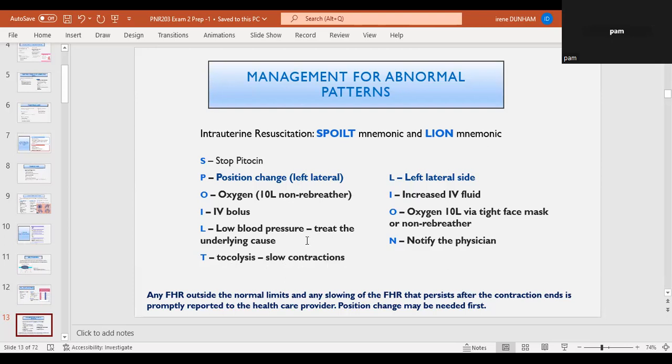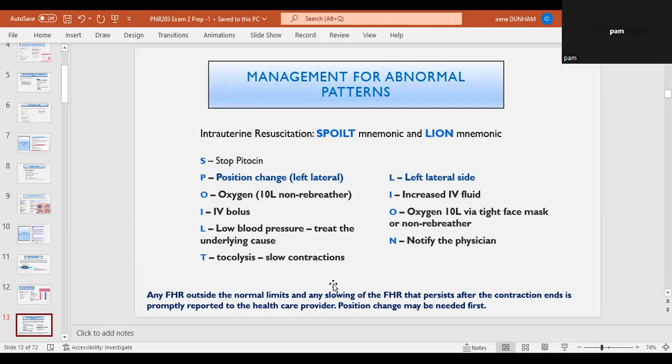What happens is that anytime the fetal heart rate is outside the normal limits, remember I said the normal limits are 110 to 160, and any slowing of the fetal heart rate that persists after the contraction ends, that's called a late. That has to be reported to the healthcare provider. So if I have a patient that comes in and the fetal heart rate is outside the normal limits, either bradycardia or tachycardia, I'm calling a doctor.